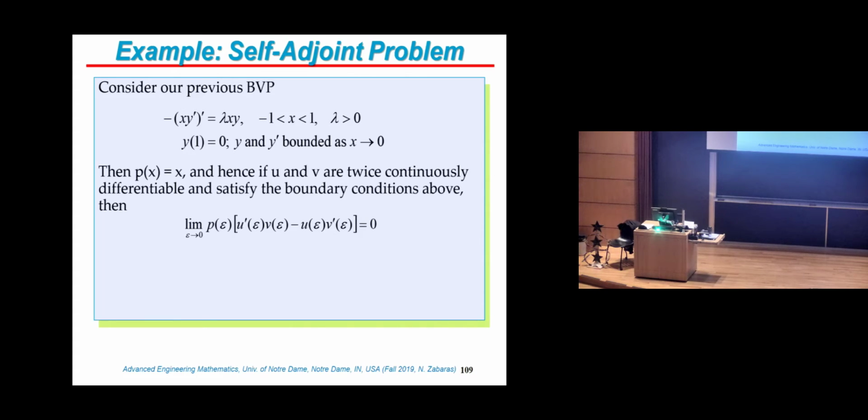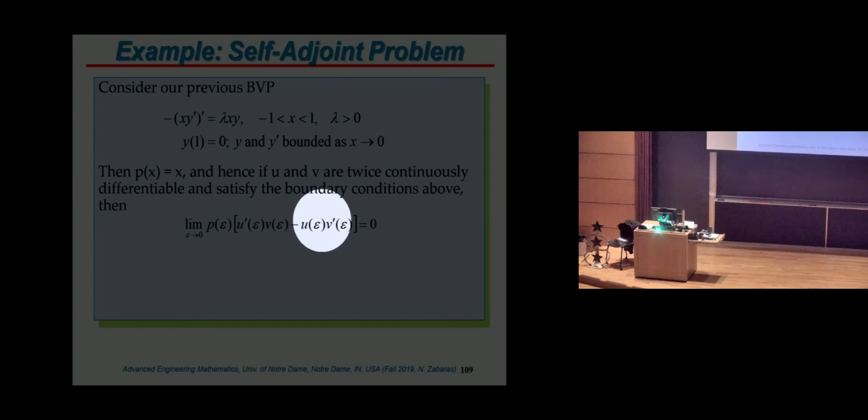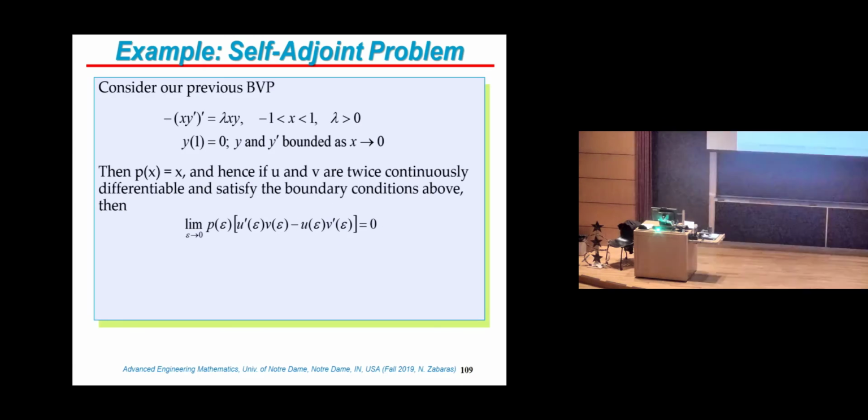We said that the solution on the left is bounded. So effectively, when you try to prove the Lagrange identity, you remember u and v have to satisfy the boundary conditions, so u and v have to be bounded. They have to have bounded derivatives as well.